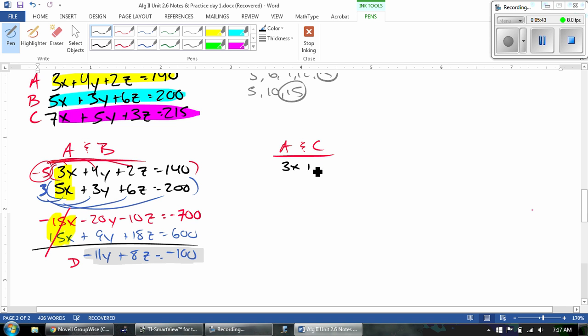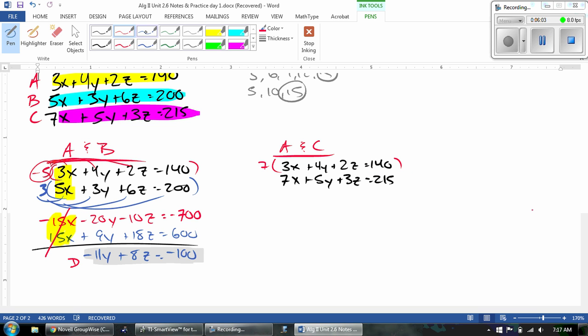So we have 3x plus 4y plus 2z equals 140, and then 7x plus 5y plus 3z equals 215. They both have 21 in common, so I can multiply the top by 7 and the bottom by 3, and I just chose the bottom by 3.